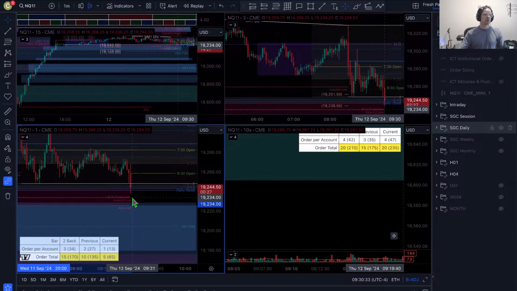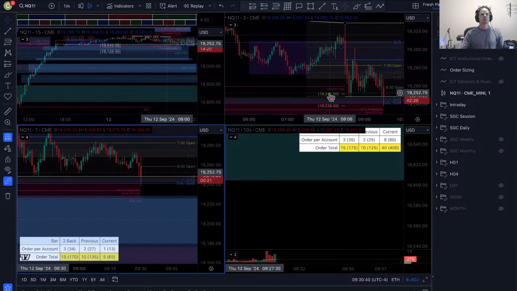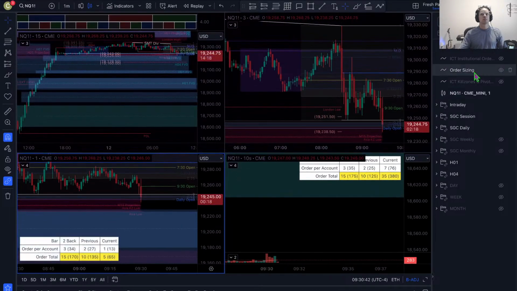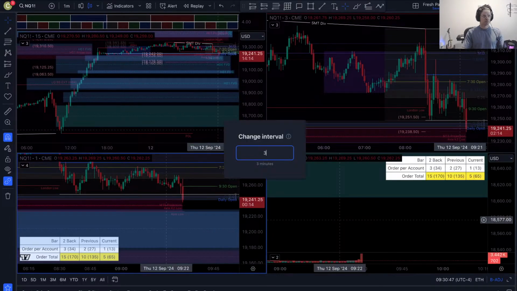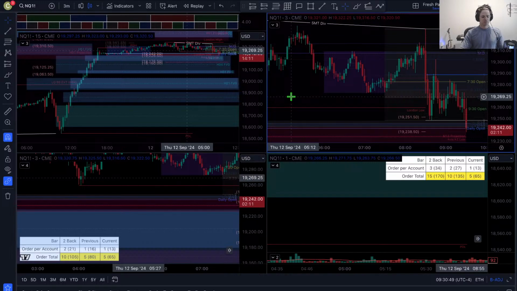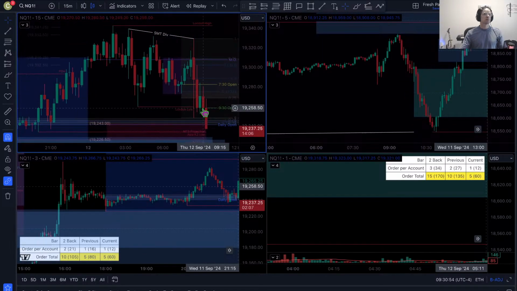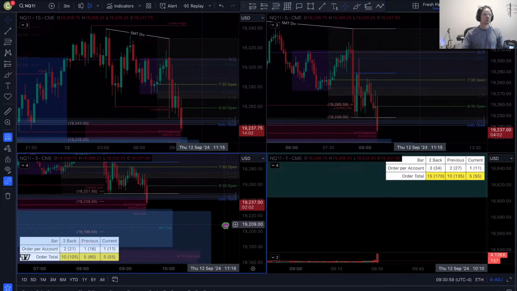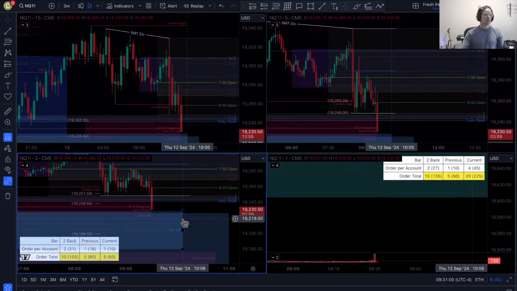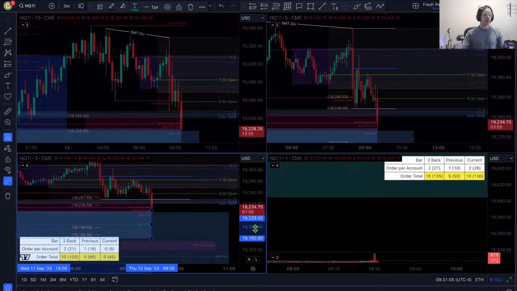Everything playing out. There's kill zone low, and there's Asia low. Here's the fair value gap, H4, H1.